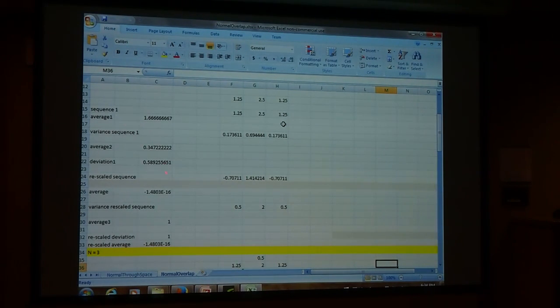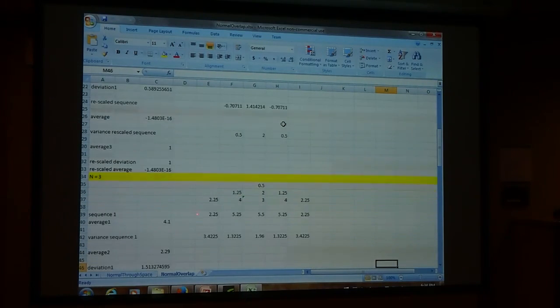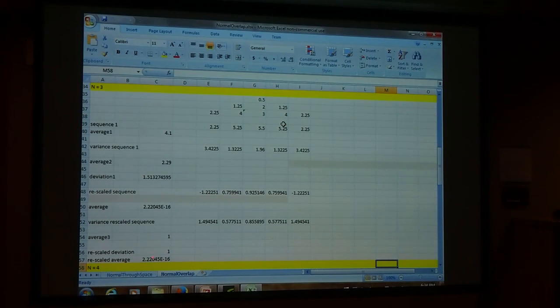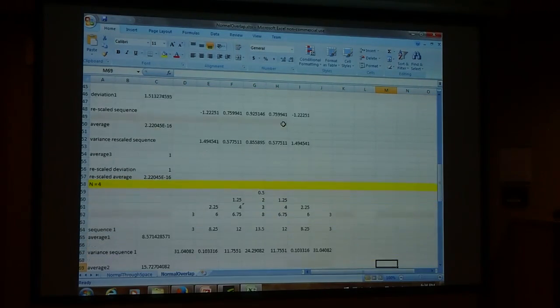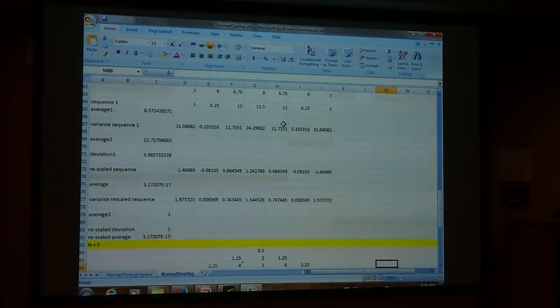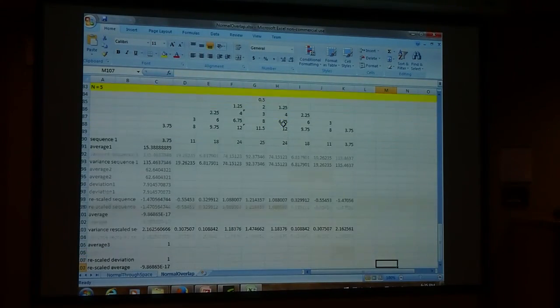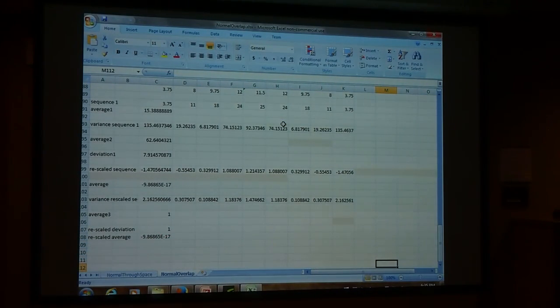I think the calculation up there is missing, but if we go down to here, once again we get the same thing. This is basically 0, and this has a standard deviation of 1. Same thing for this one. And that one.